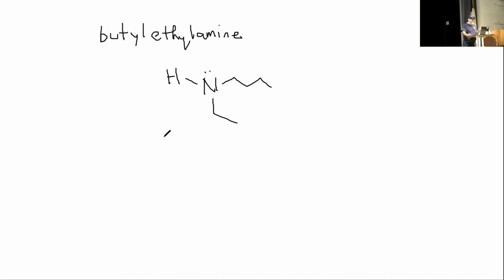What about reactions? Well, we did some reactions of amines. We said that if you treated an amine with any strong acid, like let's say we treated this with HCl, then you would get the conjugate acid.